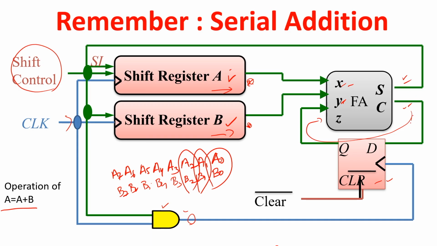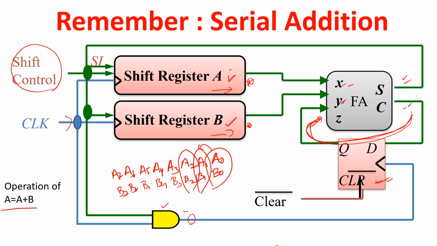This carry is fed back and used in the next bit in the next clock cycle, because the flip flop is enabled for the next clock cycle. In this way you can do serial addition of two numbers using one full adder, and the circuit does A equals A plus B, with the result stored back into A.